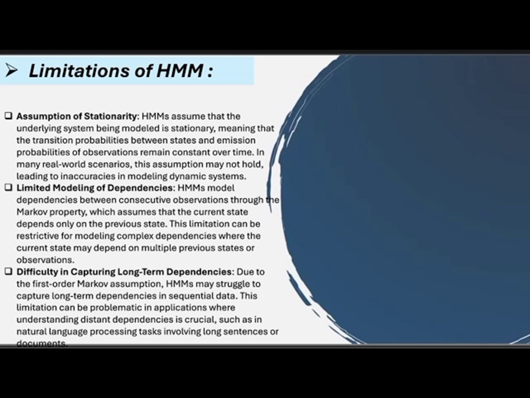Due to the first order Markov assumption, the HMM may struggle to capture the long term dependencies in sequential data. This limitation can be problematic in applications where understanding the distant dependencies is crucial, such as in natural language processing tasks involving long sentences or documents.